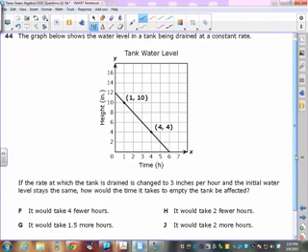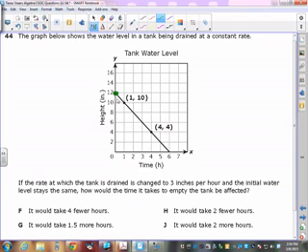All right, and we've got this tank. It's being drained. Okay, and it says if the rate is changed to 3 inches per hour and the initial water level stays the same, which is 12 inches, how would the time be affected?